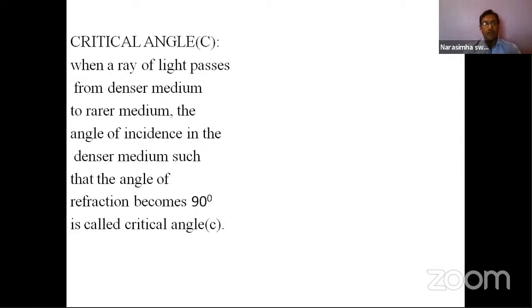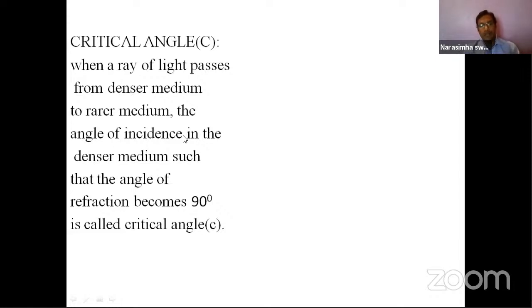The line that separates the two media is called the interface. If you make a light ray incident at that interface, the angle of incidence is in the denser medium only, because the light ray started from the denser medium.